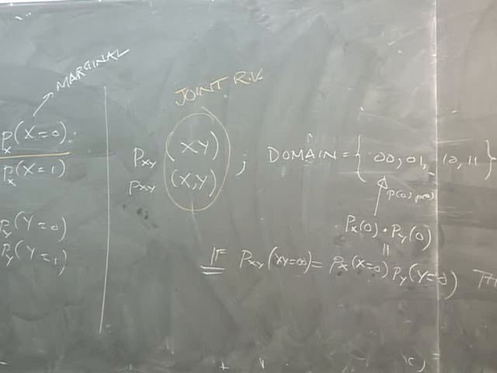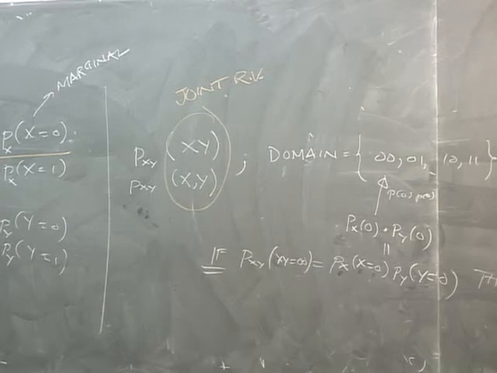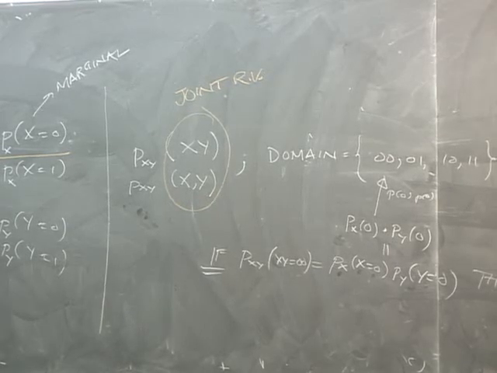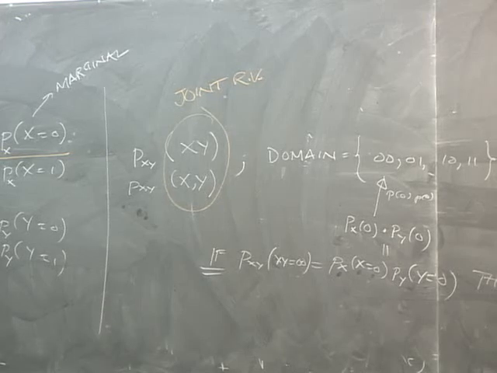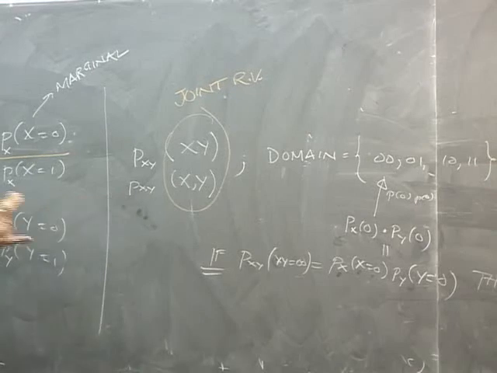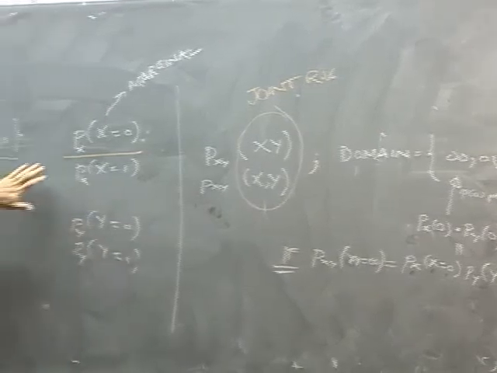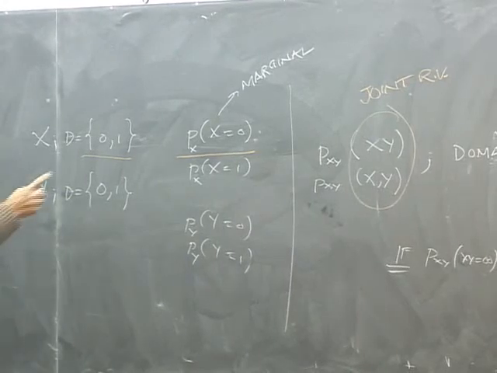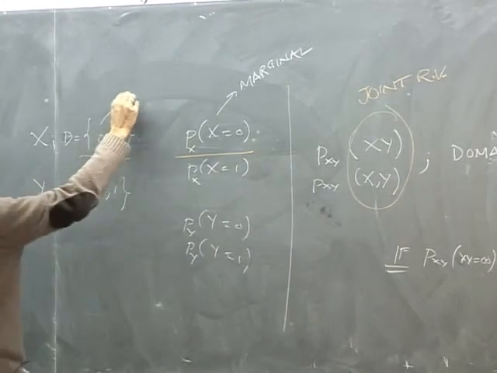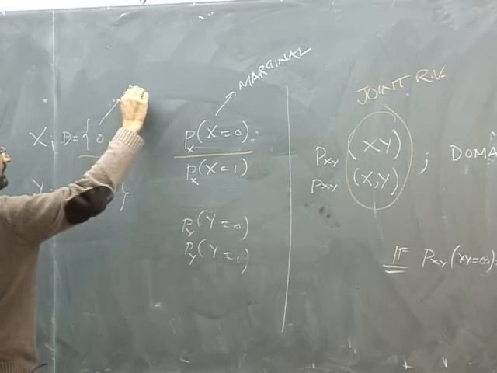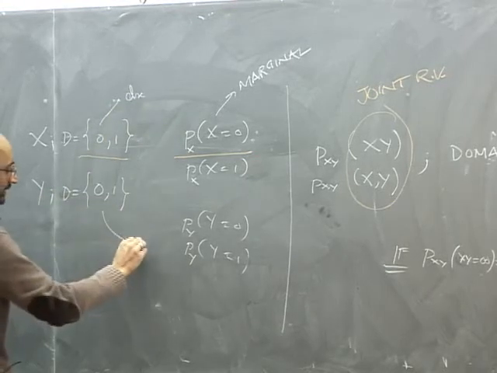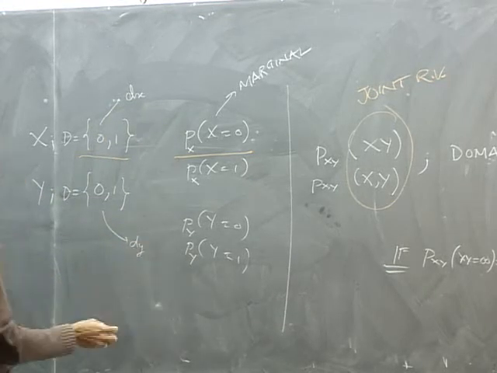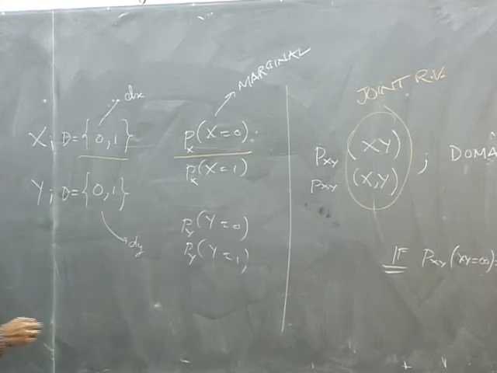Any other questions? Okay. So let's think for a moment about what we need to describe a joint distribution. If we take the individual underlying distributions X and Y of these random variables, let's extend it. Instead of 0, 1, let's say I have d_X values of this and d_Y values of that.